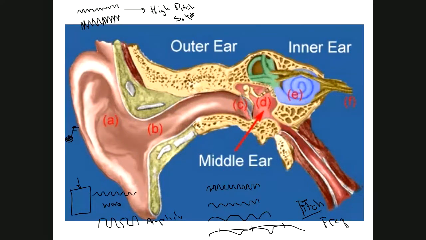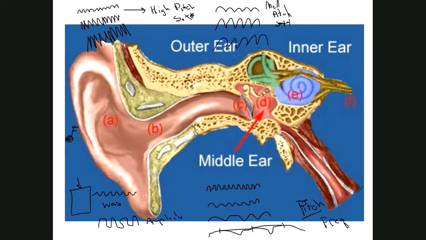But look, it doesn't have to have that wavelength. Here's another sound. It looks like this. If I look at that, that's a medium pitch, soft sound. But look, that's the same pitch, just a little bit louder.